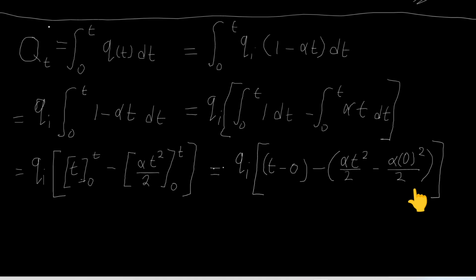Definitely here is 0. So we are going to have that our answer is Qi, t minus 0 is t, minus, minus sign. Here is definitely 0. So this value minus 0 will still give, and we are still left with alpha t square over 2.